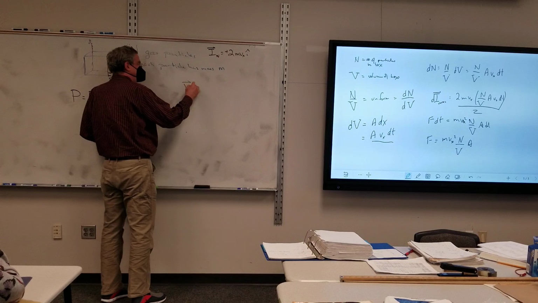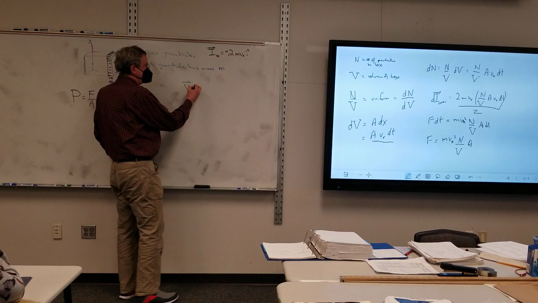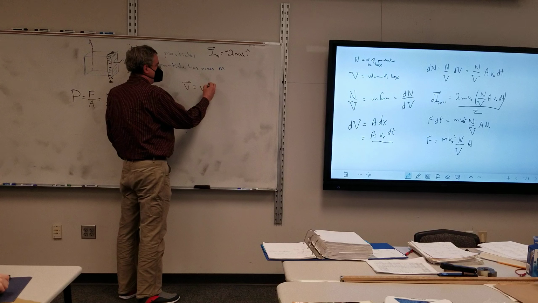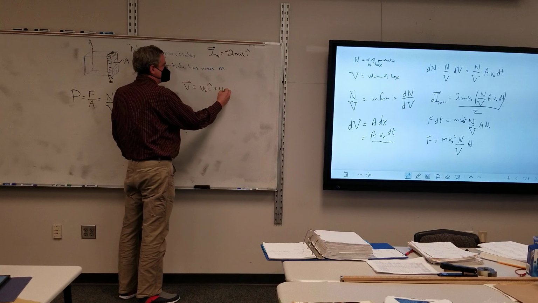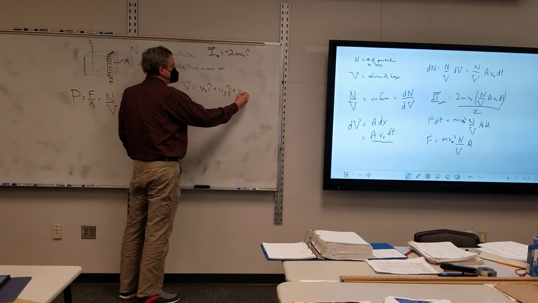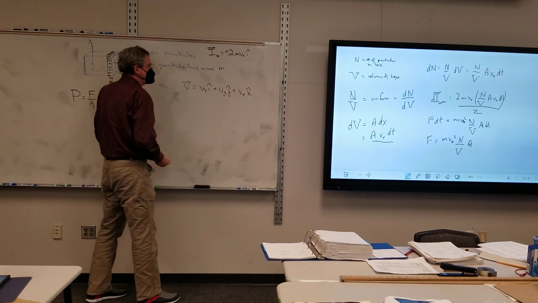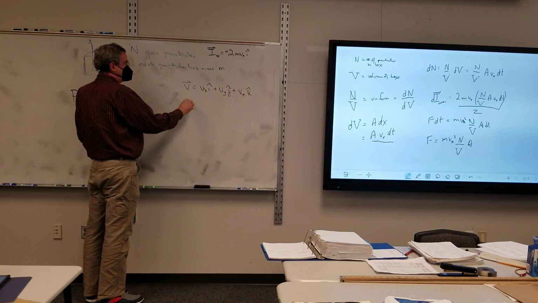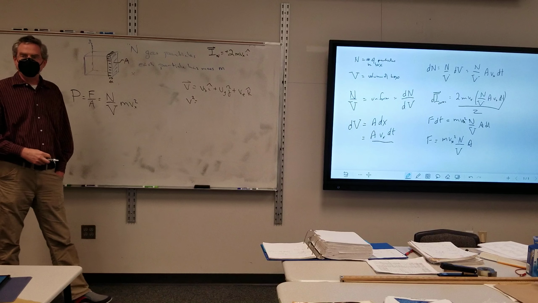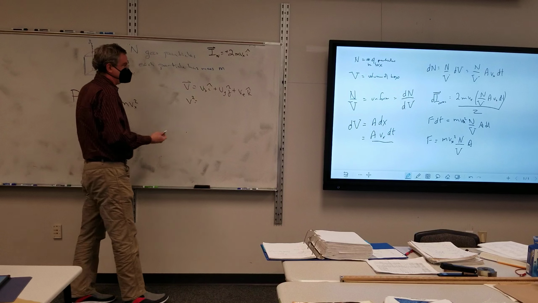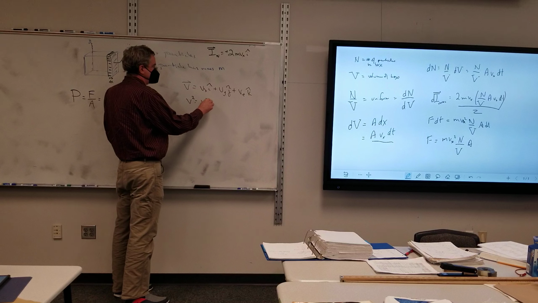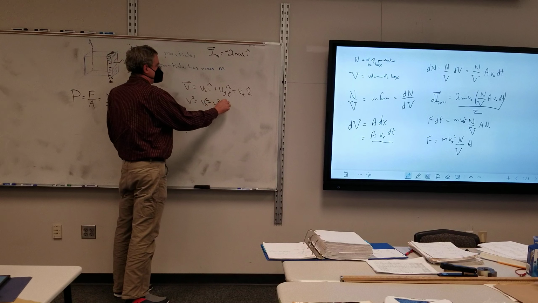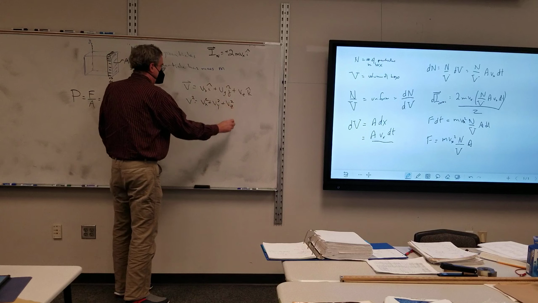So if the actual velocity of an object is vx i hat plus vy j hat plus vz k hat, we do a dot product with itself. We get speed squared on the left, and over here we just get vx squared plus vy squared plus vz squared.